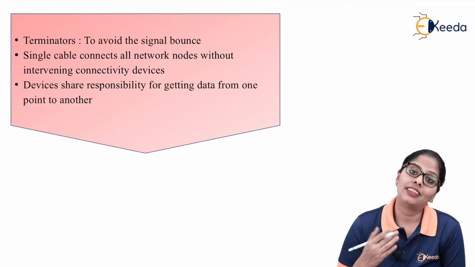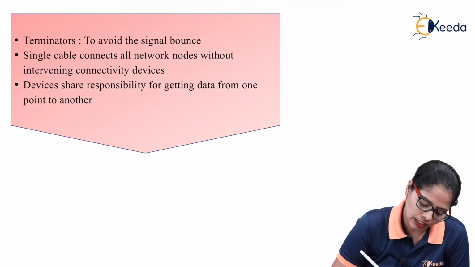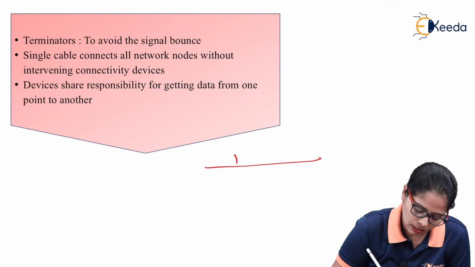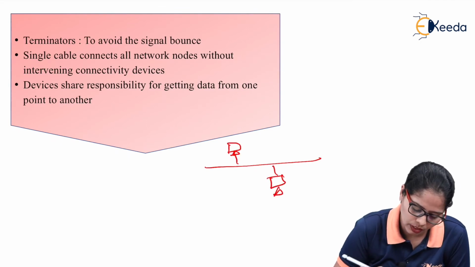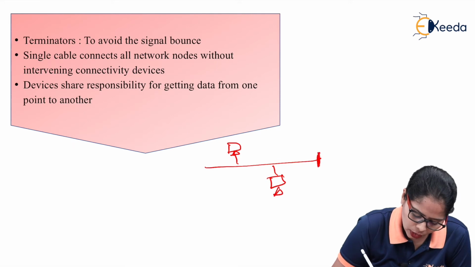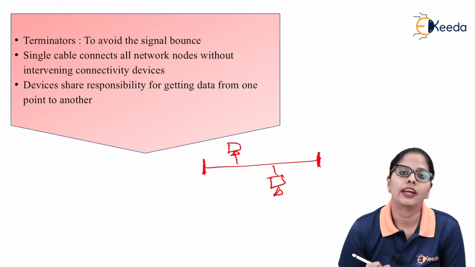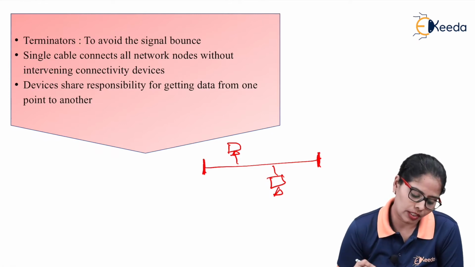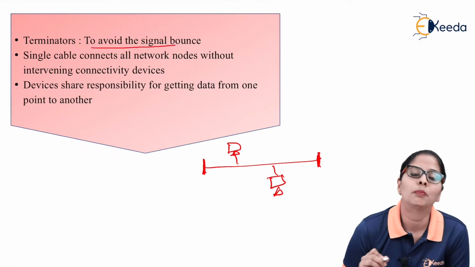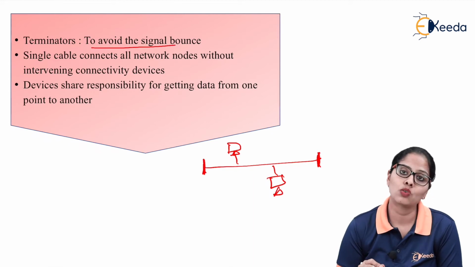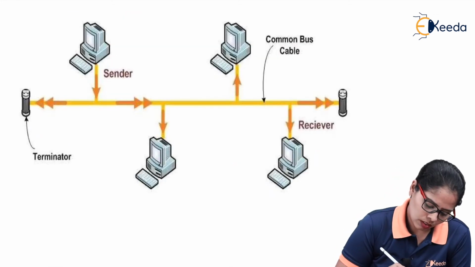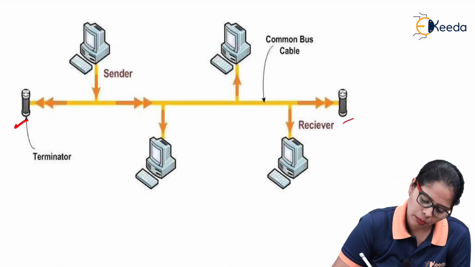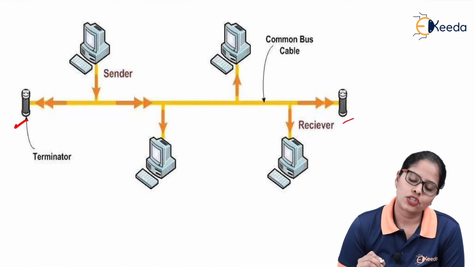Now see here, if this is my link, these are the different PCs connected over here. At the end of the link, you always find the terminator. What is the use of that terminator? To avoid signal bounce. Now see here in the diagram, these are the terminators. What is the function of a terminator?